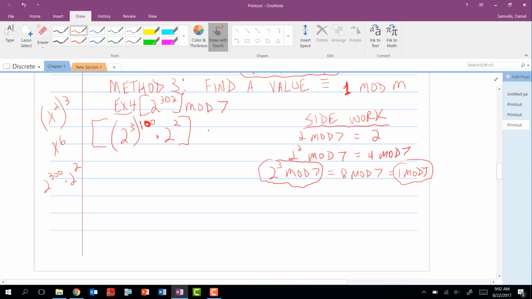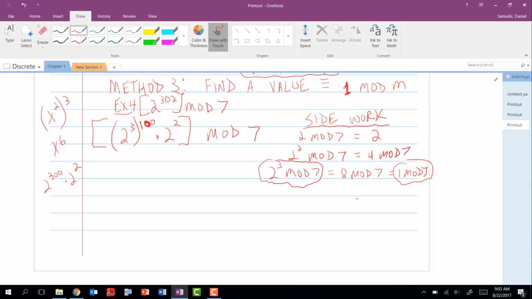Okay, mod 7. Now, we're going to use the rules liberally, and you don't have to keep rewriting these things. When I have mod 7 of a product, I can mod 7 each part of the product, right?